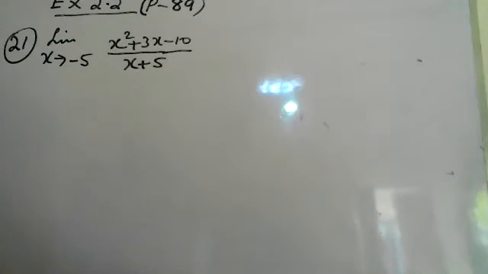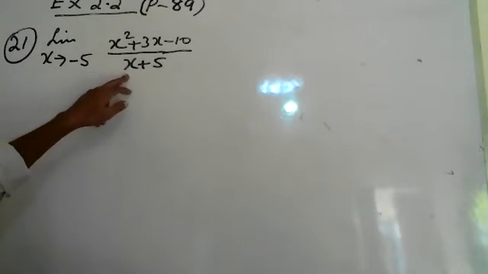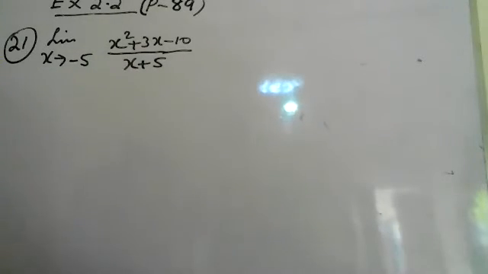If we put minus 5 directly in the denominator, minus 5 plus 5 will be 0. So the denominator will become 0, which is not acceptable. In the denominator, 0 is not acceptable.